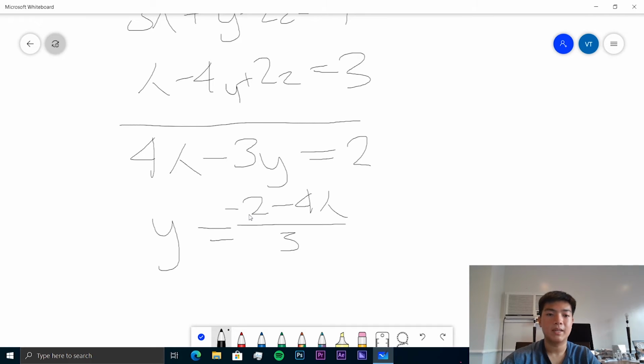Negative 2 actually, minus. Oh, but plus. Okay, interesting actually. Never mind, I'm wrong. Y is equal to 4 lambda minus 2 over 3.